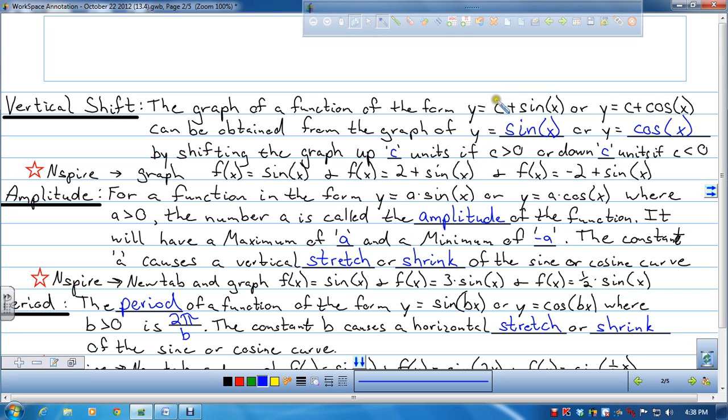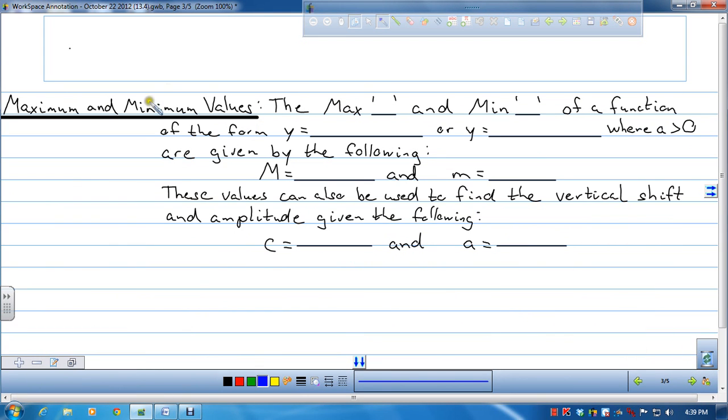If we have a vertical shift and a change in amplitude, then we're going to have a change in the maximum and the minimum. And that's where we will need to use all of this information here.